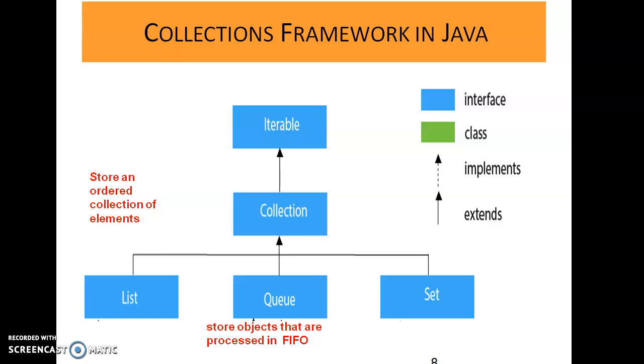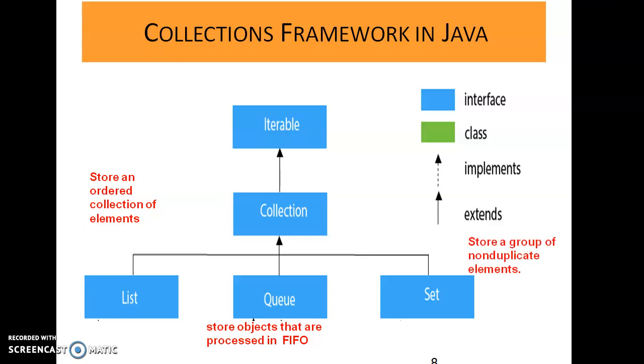You learned queues in operating system also. There is a process queue. The process which came first will be executed first. So in that way queues are implemented, and queue is a very important data structure in context of operating systems or in any request handling. We generally prefer queue.